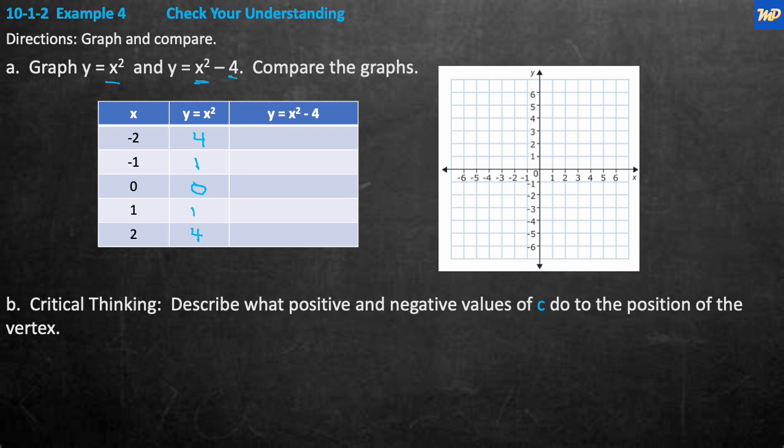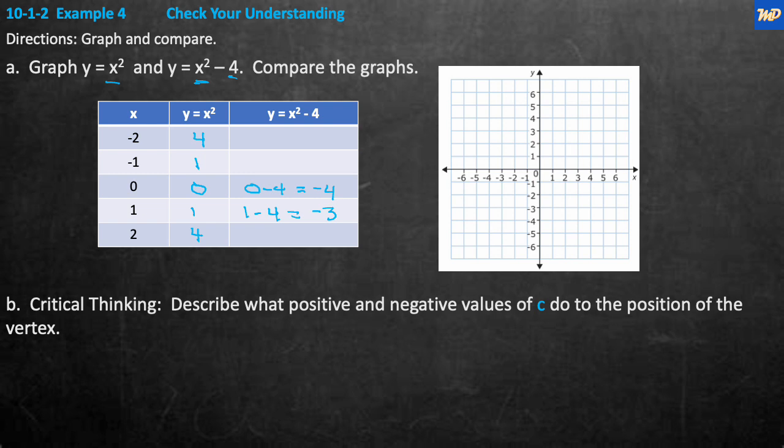So now when x is 0, y is 0 minus 4 equals negative 4. When x is 1, y is 1 minus 4 equals negative 3.